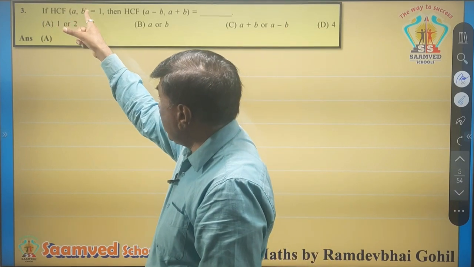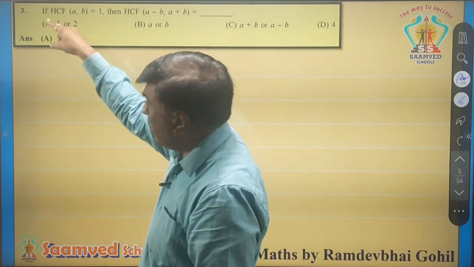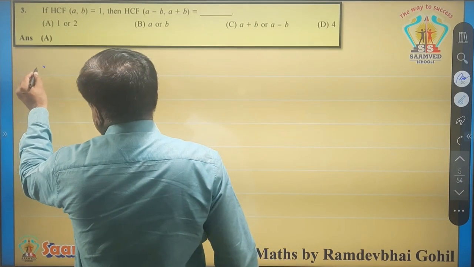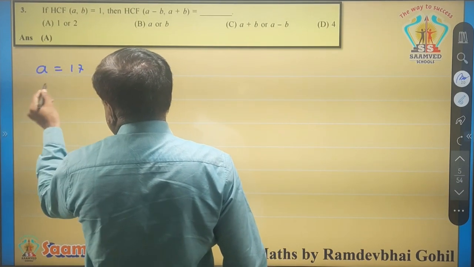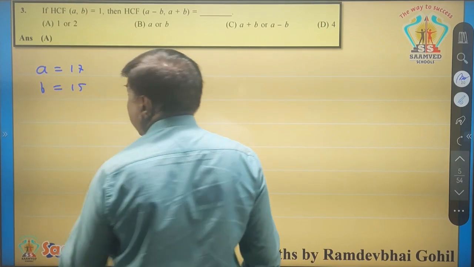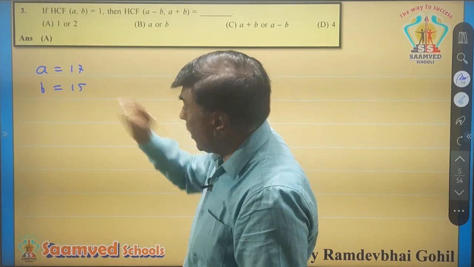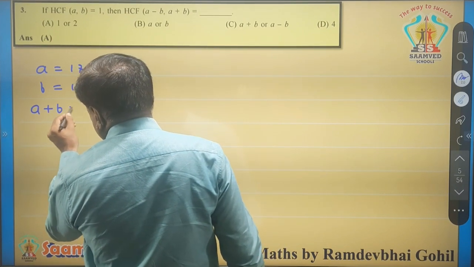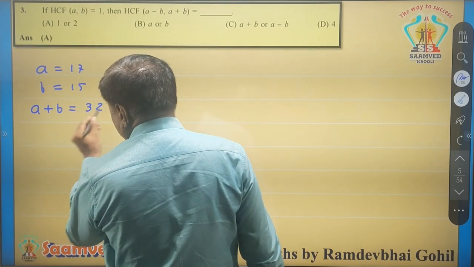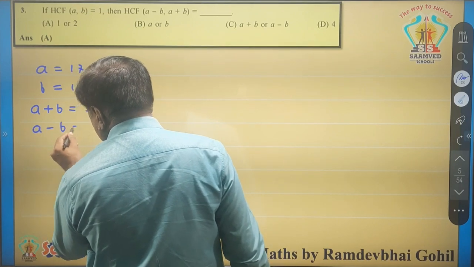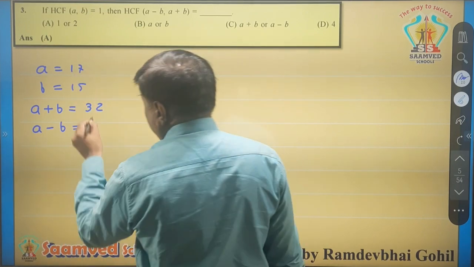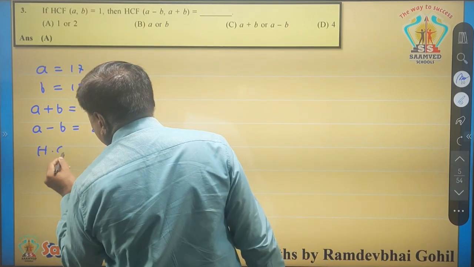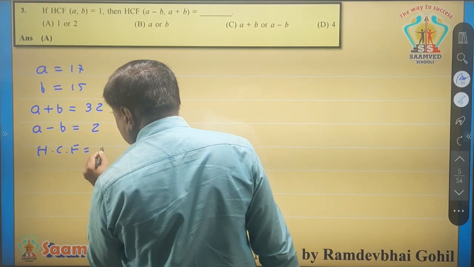A is not divisible by B and B is not divisible by A. Suppose A is equal to 17, B is equal to 15, then HCF will be 1. Now if you add both the numbers, it will be 32. If you take the difference, the difference will be 2, and then HCF will be 2.